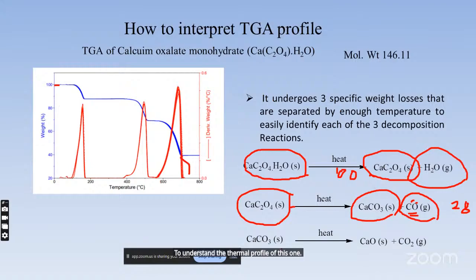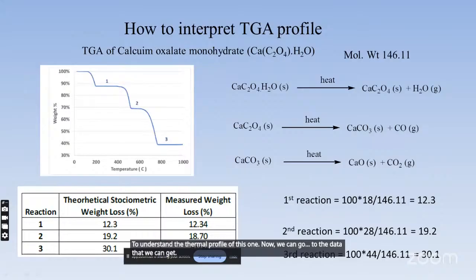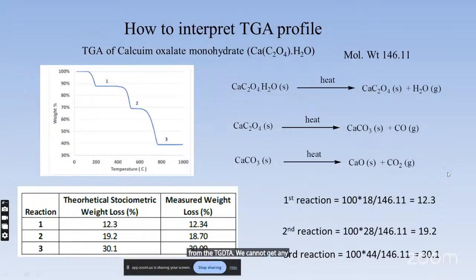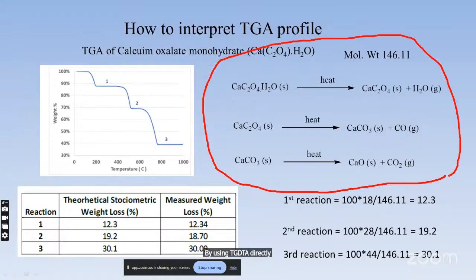Now we can go to the data that we can get from the TGDTA. We cannot get any knowledge about these reactions by using TGDTA directly. We have to build this information from calculation. Now I will tell you how to do it. What we get in TGDTA are these particular weight losses. 12.34 is the weight loss in the first step.